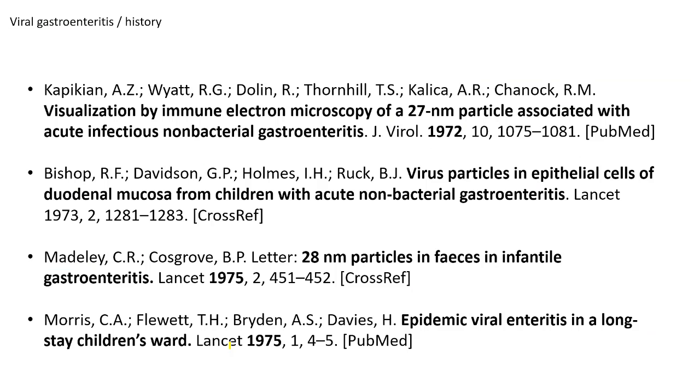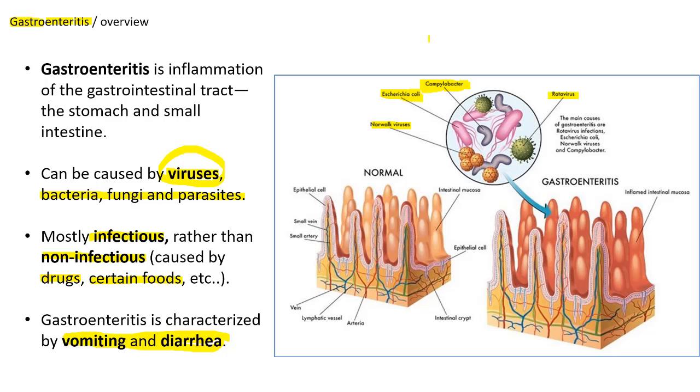So previously, it was thought that bacteria is the cause of gastroenteritis, like Campylobacter and E. coli. And anything other than bacteria was referred to as non-bacterial gastroenteritis because they couldn't find the causative agent of this gastroenteritis.